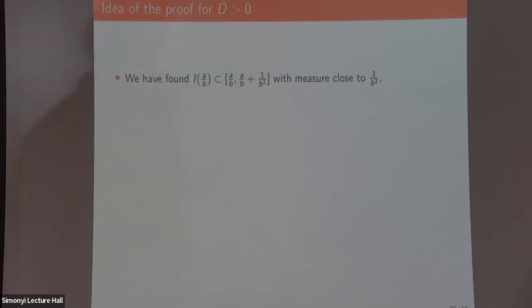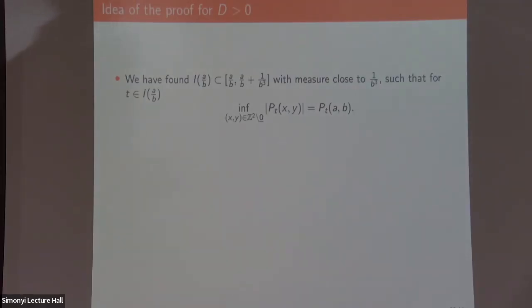Very close, I mean that it becomes almost exactly 1 over b cubed, as b is one of the denominators of the convergents of rho 1, and we pick better and better convergents. So we have found some interval with measure close to full, such that for the restriction of t inside this subset, the infimum is achieved by exactly a and b.